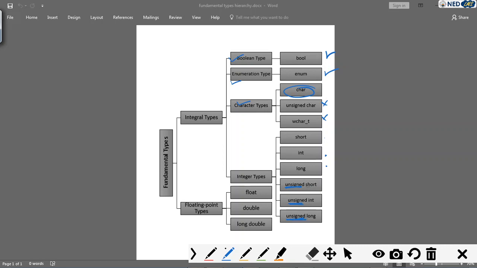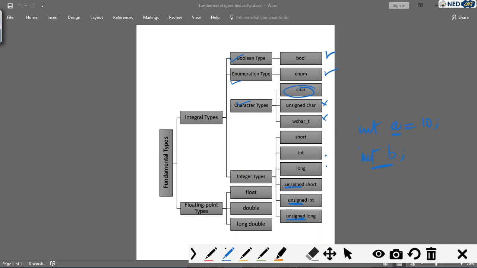What we mean by this is that if we declare an integer a equals 10, or if we just declare an integer without initializing it, that variable a or b can include values of 0, positive whole numbers, or negative whole numbers.